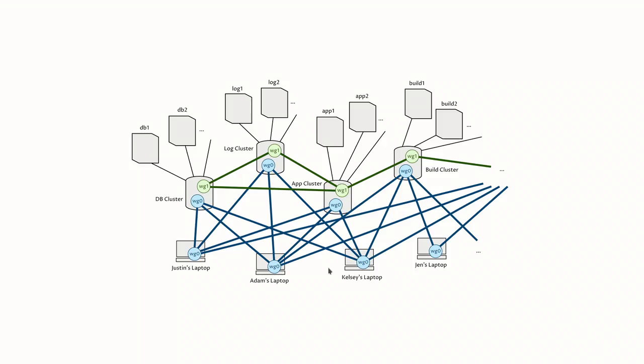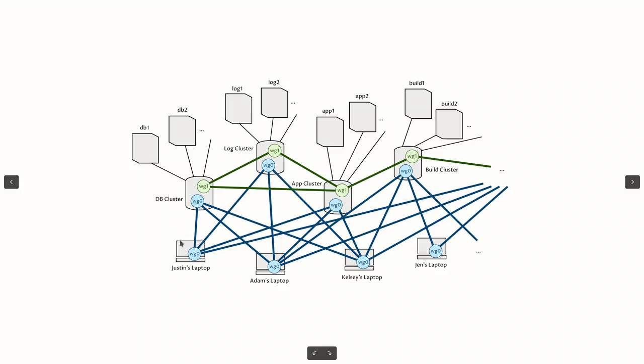So here we've got two overlapping WireGuard networks, one in blue, which connects a bunch of user devices to several clusters of internal servers, and the other in green here, which connects the clusters themselves.